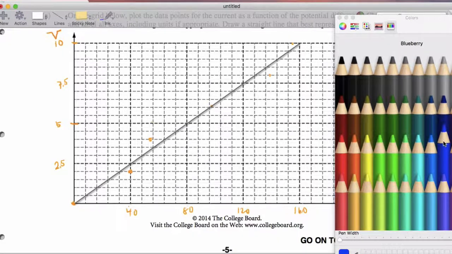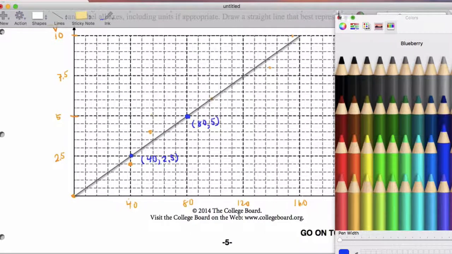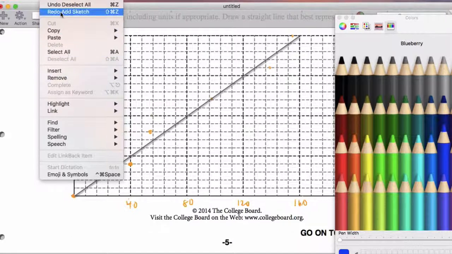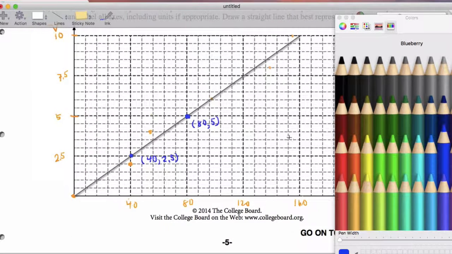So the slope here, these 2 points, so this is 80 milliamps and 5 volts, and 40 milliamps and 2.5. So let's make sure I have that right. Yes, I had that right. All right.